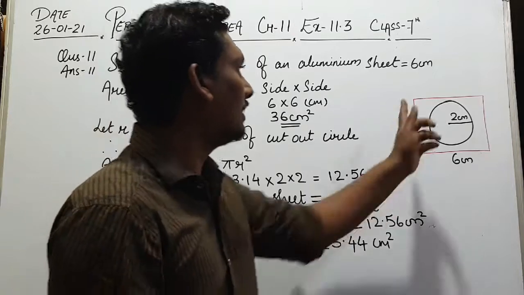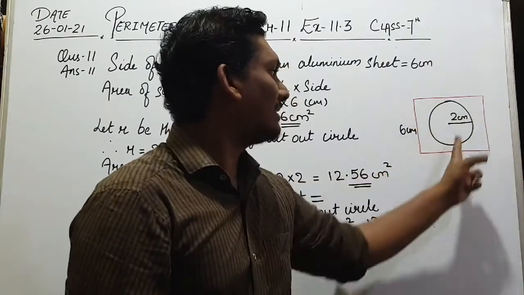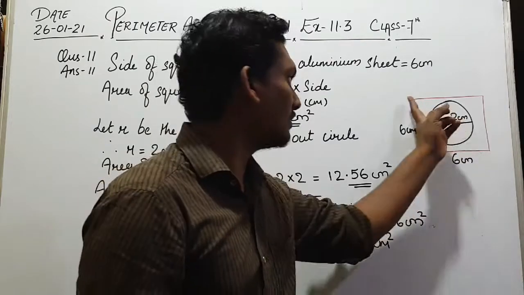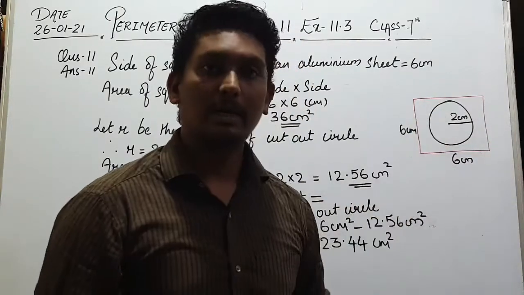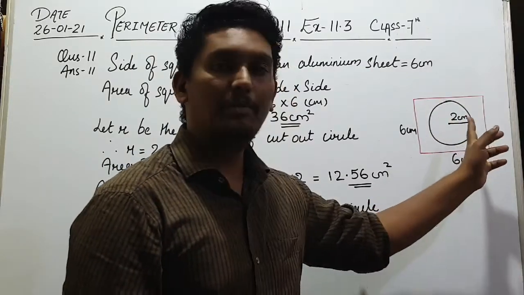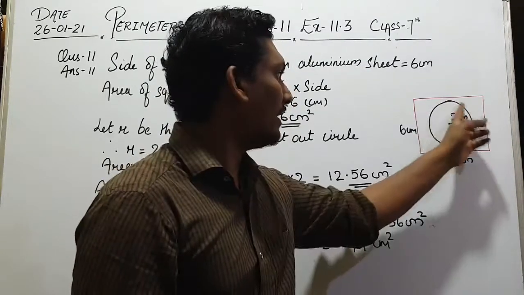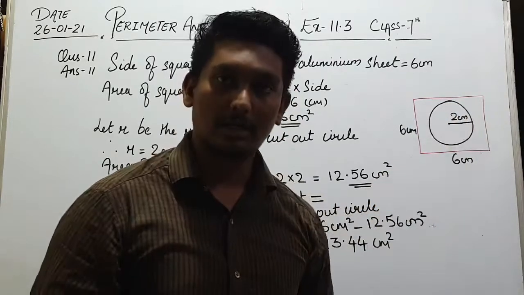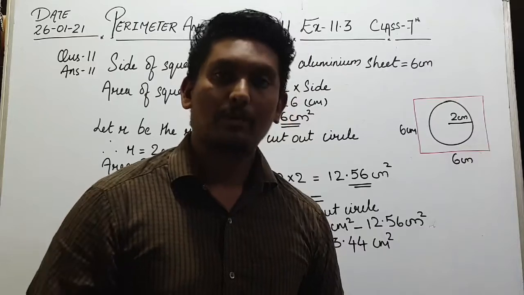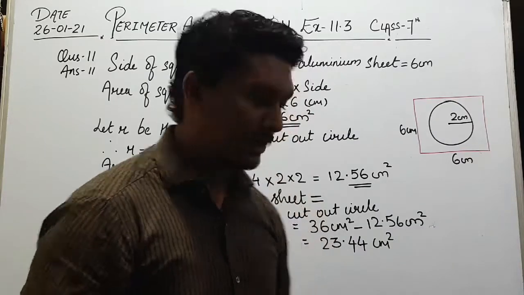Well, the question is all about this only. First we are talking about a square, side is given, so first we are going to find the area of the square part. Then for the circle, radius is given 2 cm, so we will find the area of the circle. Then the last part, we are going to find the remaining sheet.